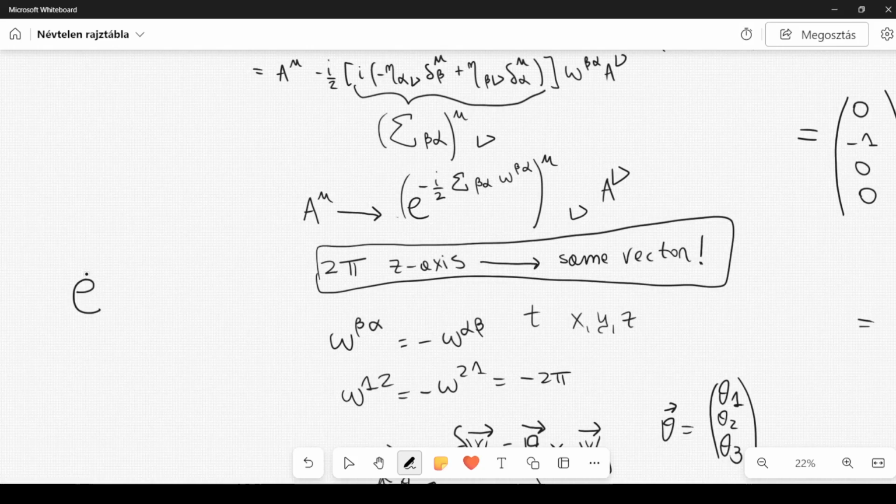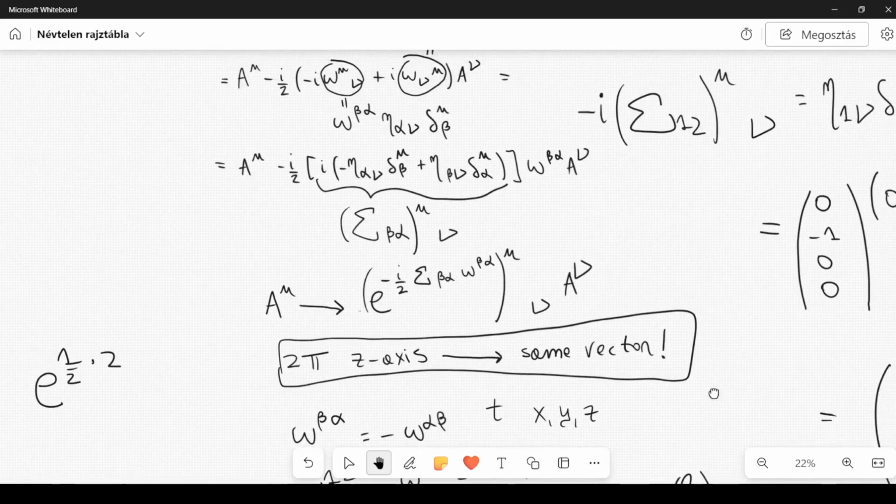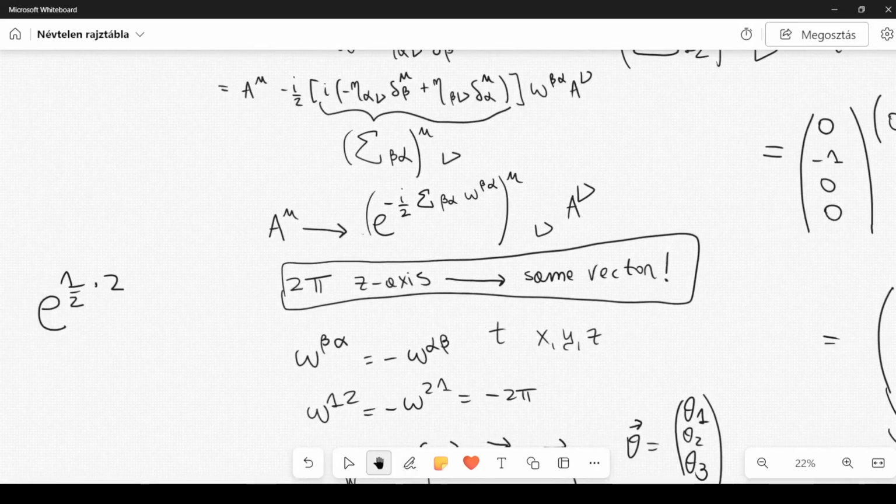We have e to the power plus 1/2 times 2, and this factor of 2 comes from considering the fact that we only have two terms in this summation which are non-zero, because we have sigma 1, 2, omega 1, 2, and also sigma 2, 1, omega 2, 1. So we have two of such terms which are the same.